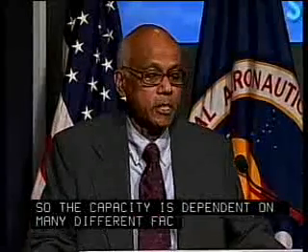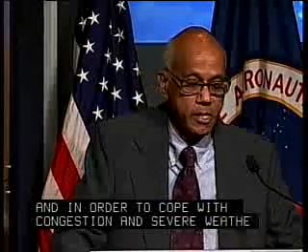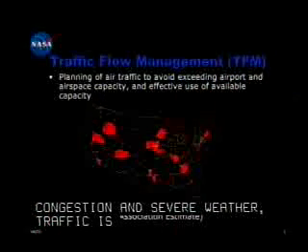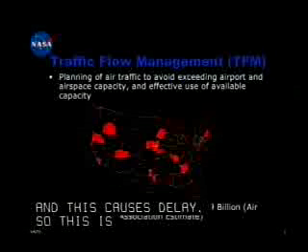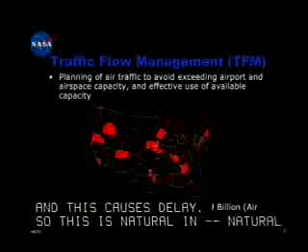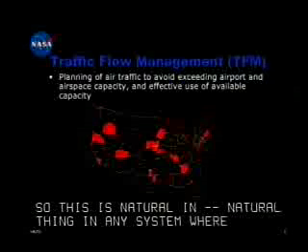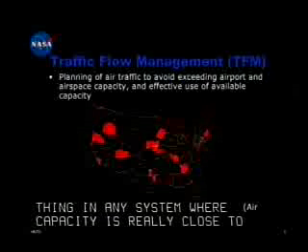And in order to cope with congestion and severe weather, traffic is either rerouted or slowed down, and this causes delay. So this is a natural thing in any system where capacity is very close to demand. The system performance goes down as delay increases.